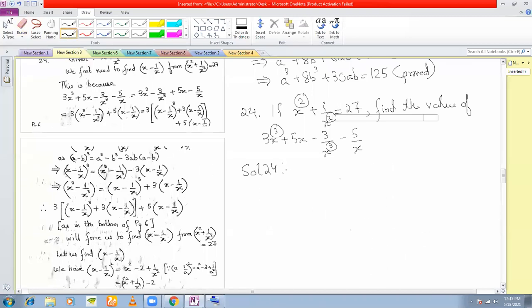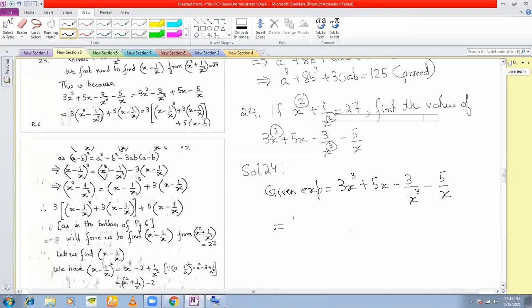So what you do here is you start from the given expression. So given expression is equal to 3x cube plus 5x minus 3 by x cube minus 5 by x.